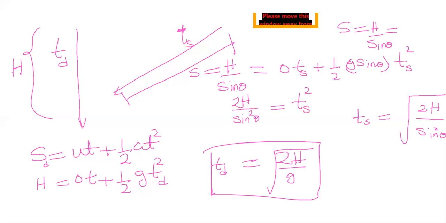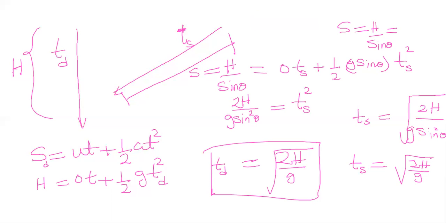If you take the sin square theta, of course G will be there. You missed out G. G will be downstairs, no? So what will our Ts value be? Root over 2H by G is anyway there, and the denominator sin square theta will come out of the root and go upstairs as cosecant theta.